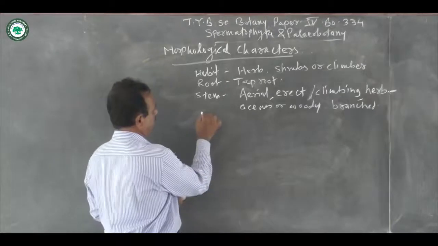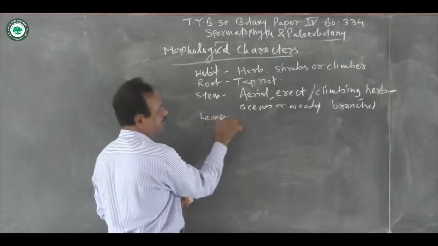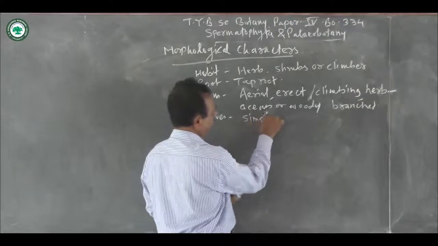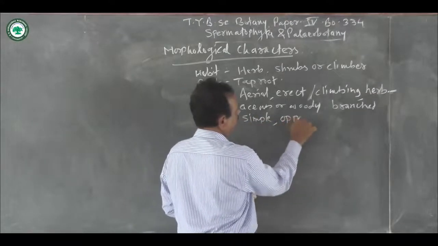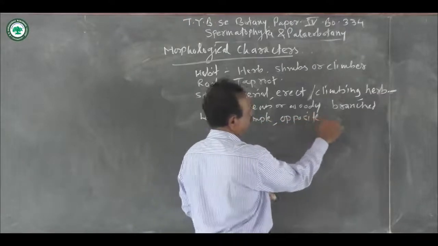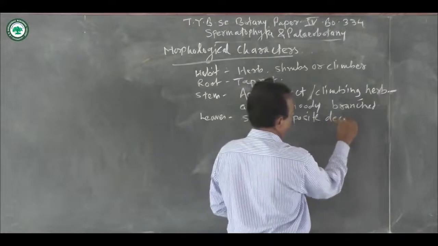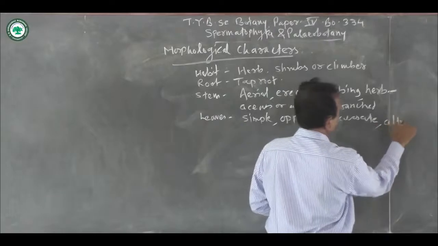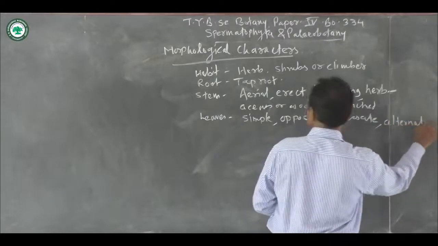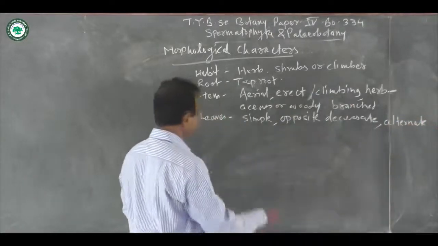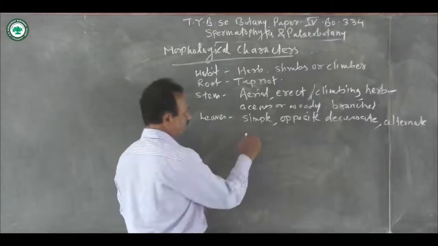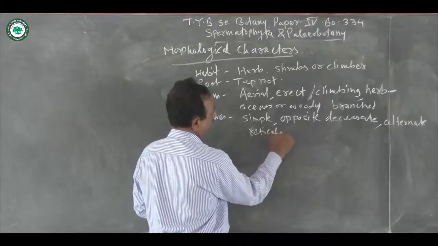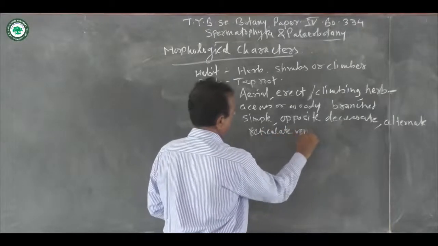If we see the leaves, these leaves are simple, opposite, decussate, or alternate, and they are with reticulate venation.